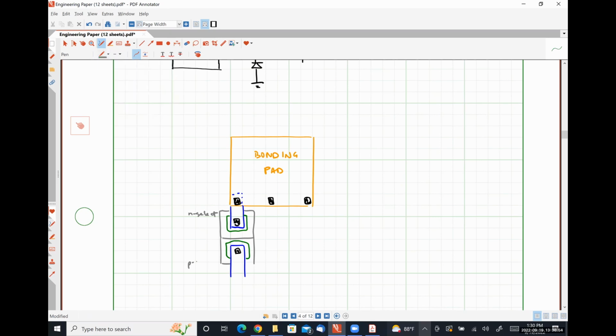Where this guy over here is our P select, and this is to ground. Okay. So effectively, we have N active material abutted up next to P active material. We have created a PN junction where both sides are doped pretty heavily. So we have a nice, pretty intentional diode, right?